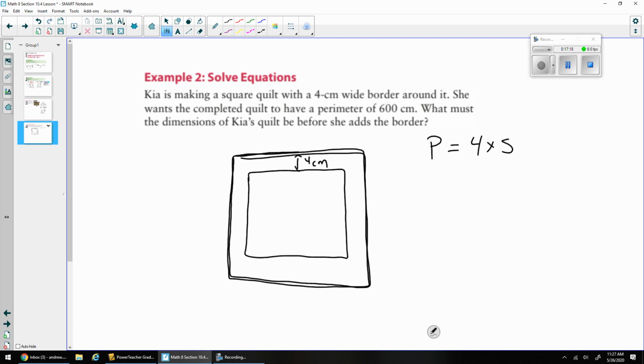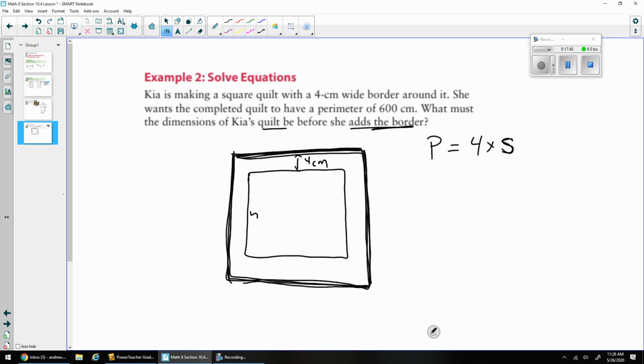Since there are 4 side lengths that are all the same, 1, 2, 3, 4, the perimeter is equal to 4 times the side length. That's an S, not a 5. Okay? So, what must the dimensions of Kai's quilt be before she adds the border?